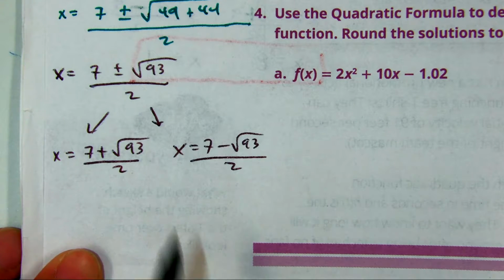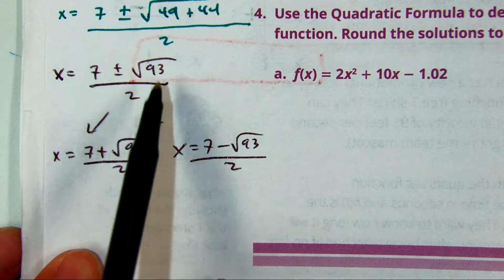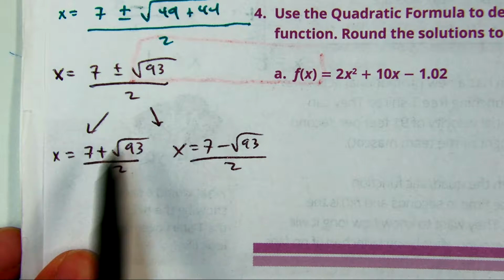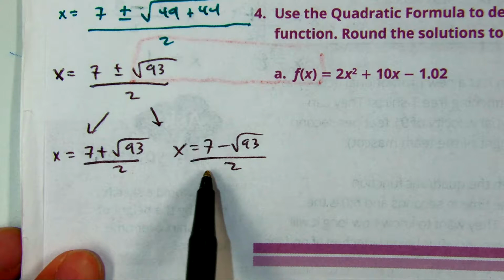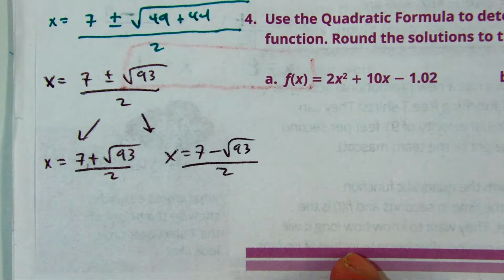Now, you could leave it like this. This is a very clean answer, but remember, how many solutions are here? 2. 1, 2.